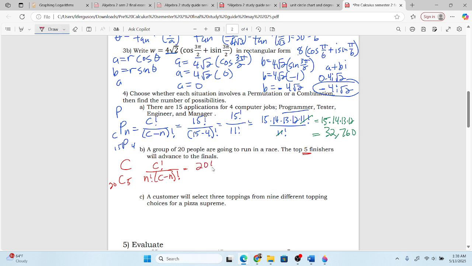That's 20 factorial over 5 factorial. What is that? 20 minus 5, so that's 15. So that's going to be 20 times 19 times 18 times 17 times 16 times 15 factorial over 5 factorial. That's 15 factorial.